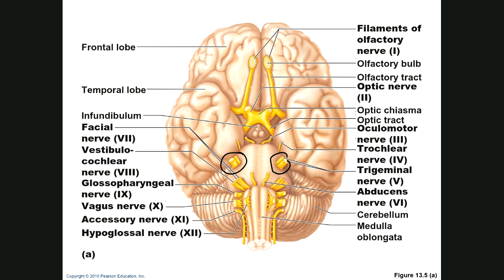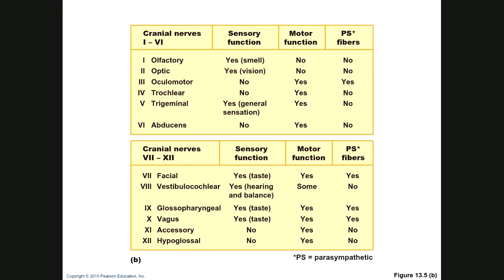So we had olfactory, optic, oculomotor, trochlear, trigeminal. Trigeminal is sensory, it is motor, meaning it is mixed, and no, it is not part of the parasympathetic nervous system.